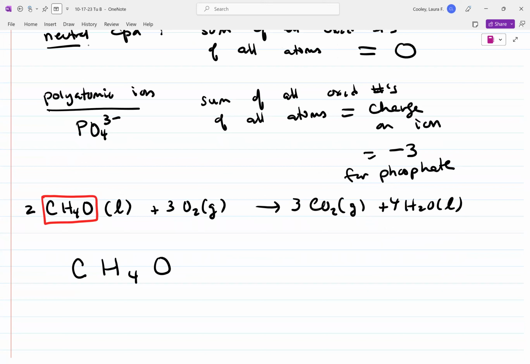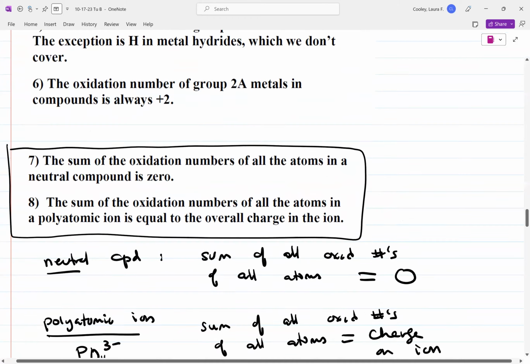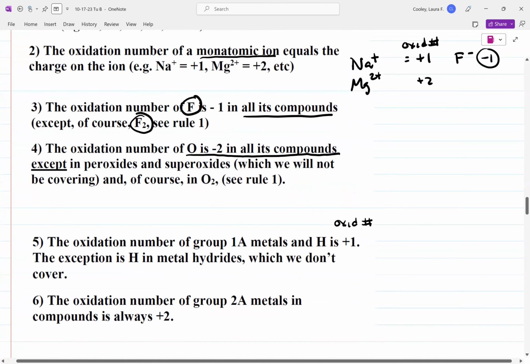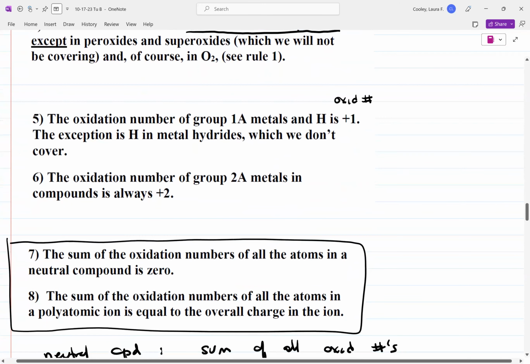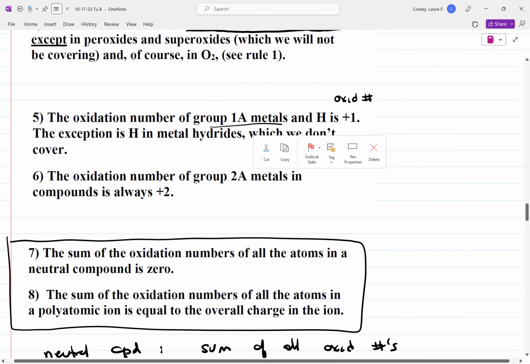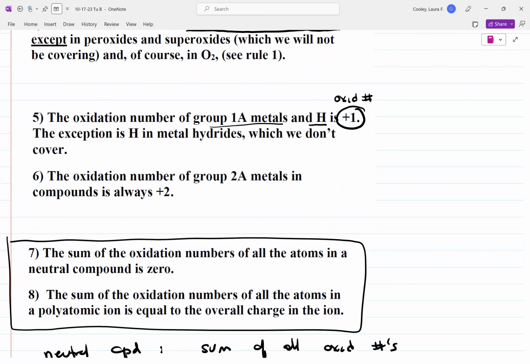If you go back to the rules, what is the oxidation number of hydrogen in any compound besides H2? The oxidation number of group 1A metals and hydrogen is +1.